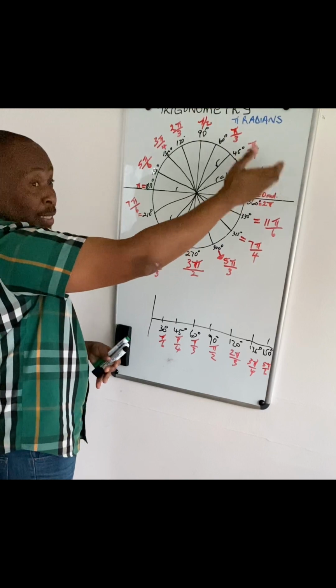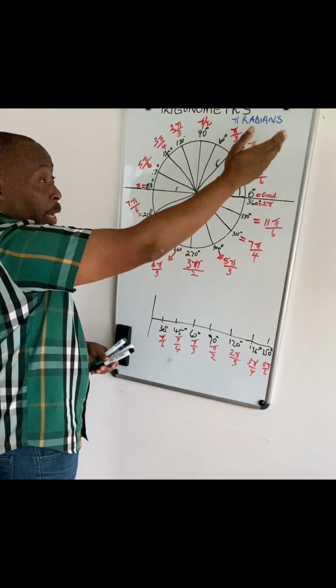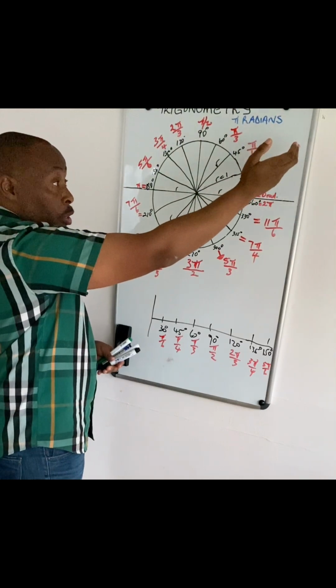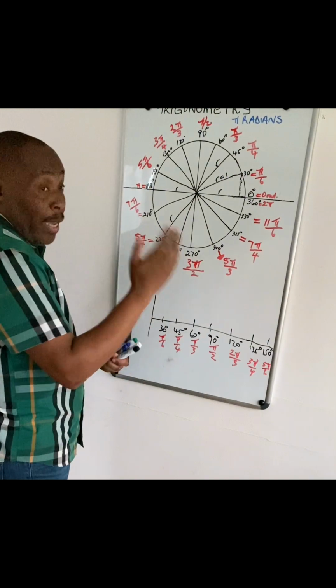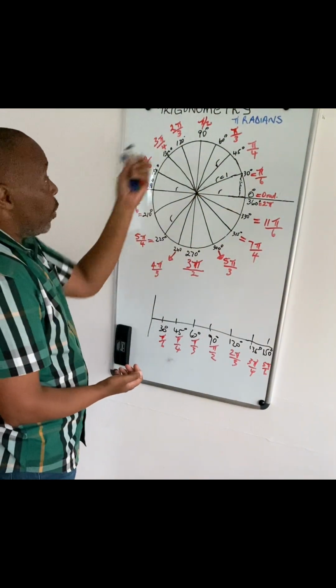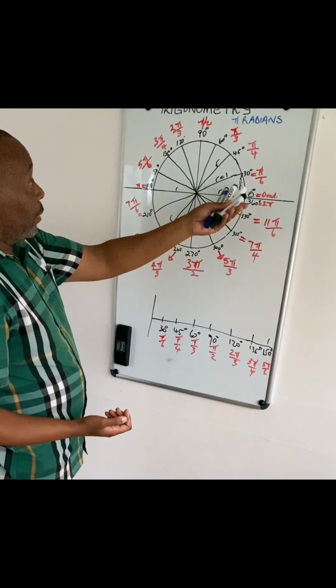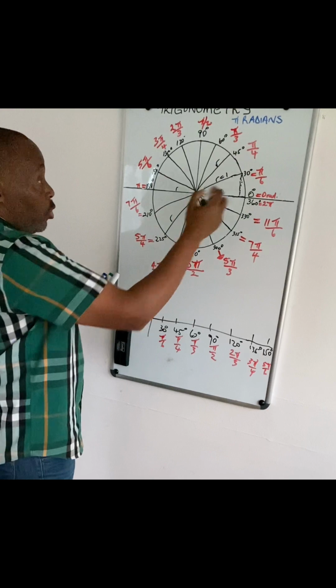For 30 degrees, it's root 3 over 2 for the x value and 1 over 2 for the y value. So those we've done.